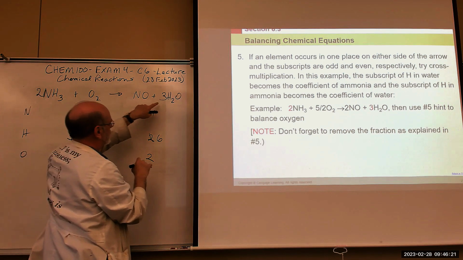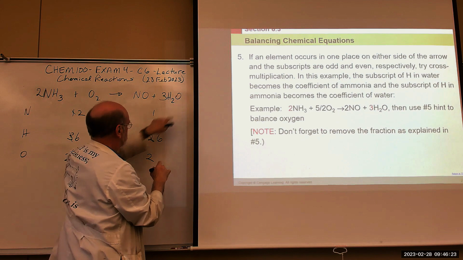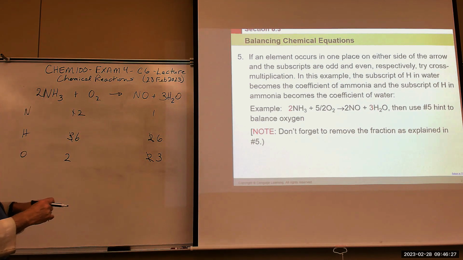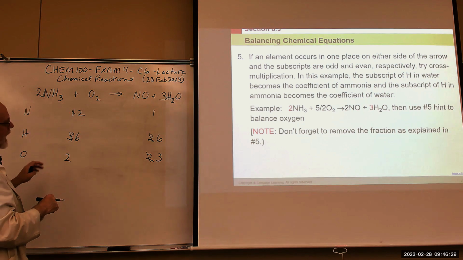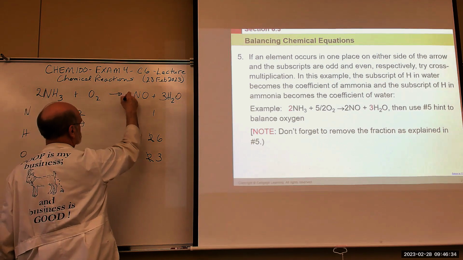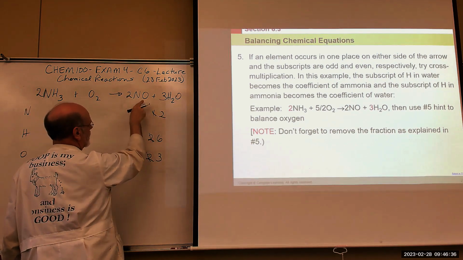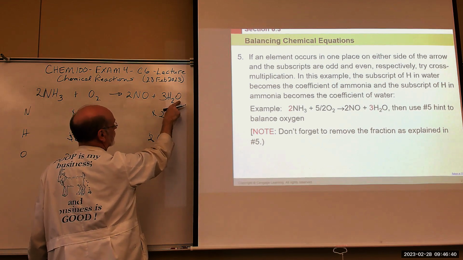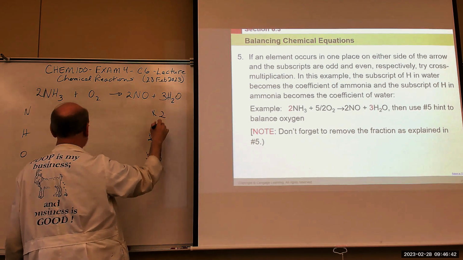And 3 times 1 is 3. Okay. So now we can deal with the nitrogens. We need 2 nitrogens. That gives us now 2 oxygens there and 3 oxygens there, which is 5 oxygens.